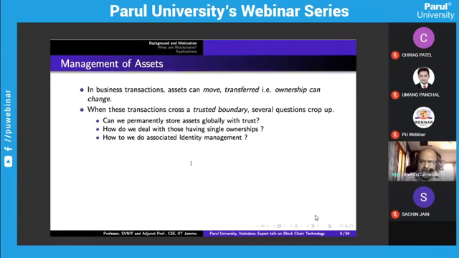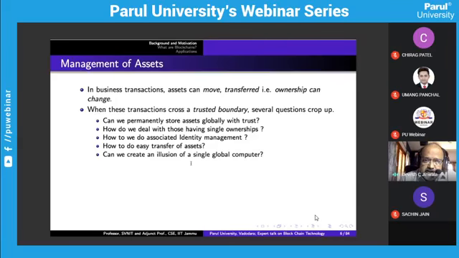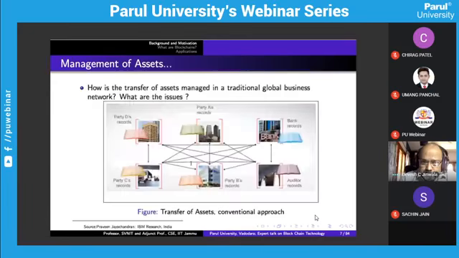There is no identity management inherently built in, which is a problem with anonymous assets. How do we easily transfer the assets, and how can we create an illusion of a single global computer? Even if assets keep moving, can we have a kind of impression that everything is under the control of one particular entity?